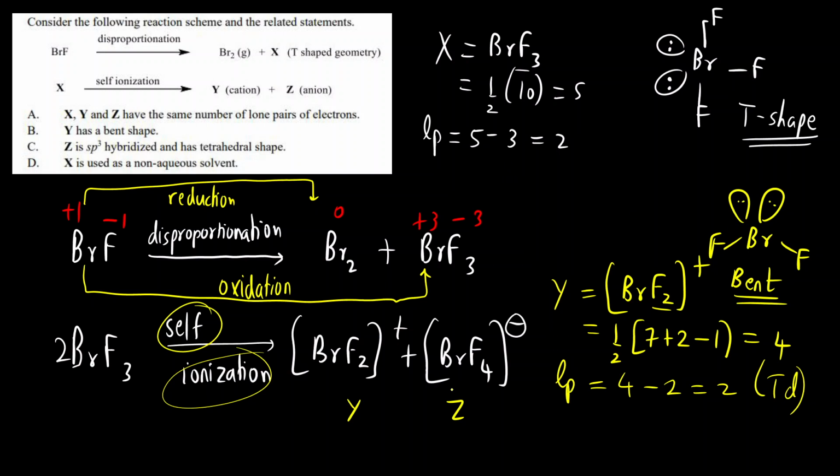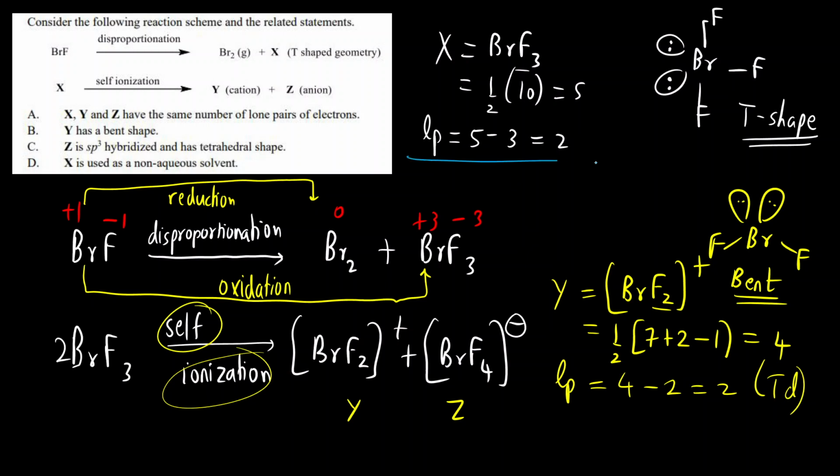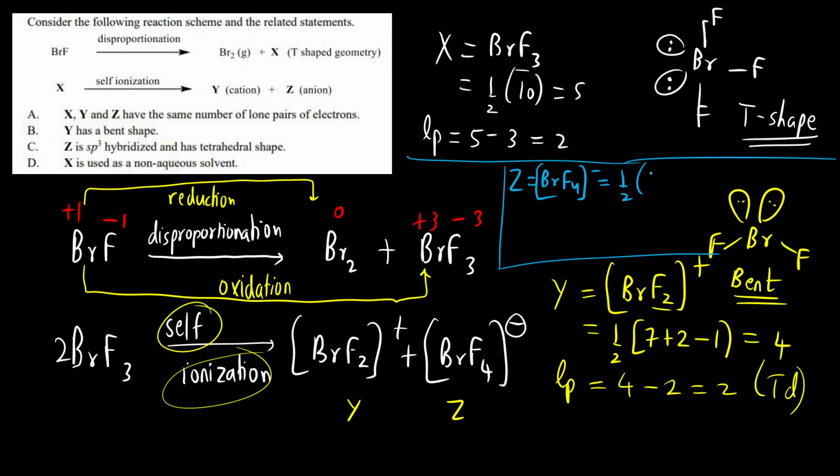Then we have Z. Z is BrF4 minus. This will be half into 7 plus 4, 11, 11 minus 1, 10. 10 divided by 2 is 5.